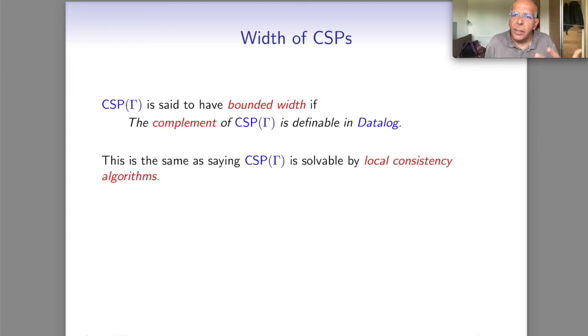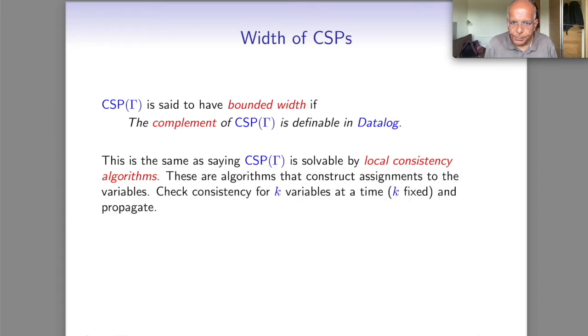And if that is sufficient to determine whether an instance is satisfiable, then CSP gamma is said to have bounded width, right? So this is a property of the finite structure gamma whether or not CSP gamma has bounded width. Okay, this briefly tells you what these constraint propagation or local consistency algorithms are. They construct assignments to the variables and check for k variables at a time for some fixed k and propagate.